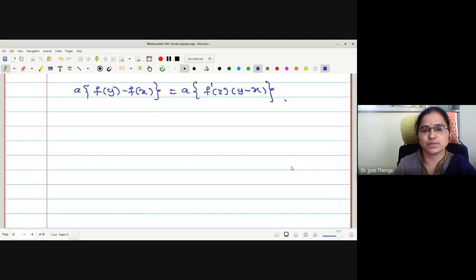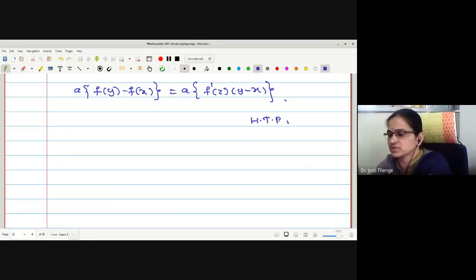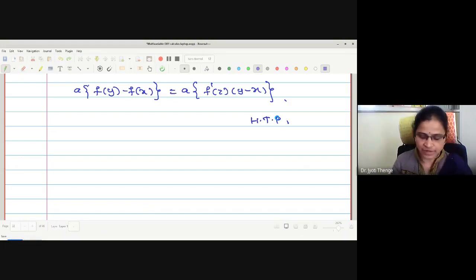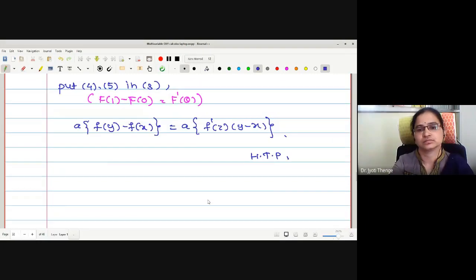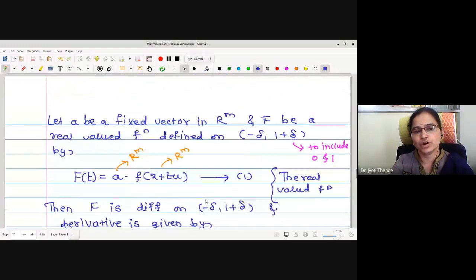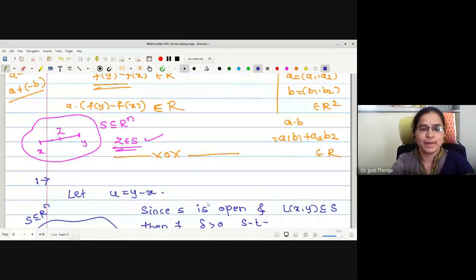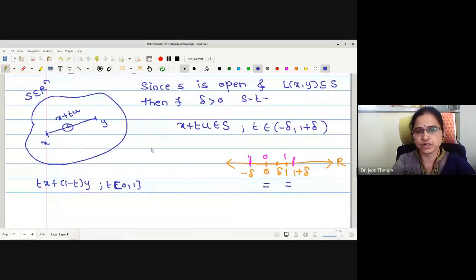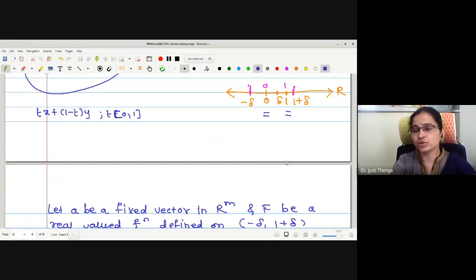Therefore, this is a proof for the mean value theorem of vector valued functions. Any difficulty? What we have done is simply take f to be our vector valued function. We have taken x plus tu to be a point in S. We have defined t in the range minus delta to 1 plus delta, just to include 0 and 1. Why include 0 and 1?